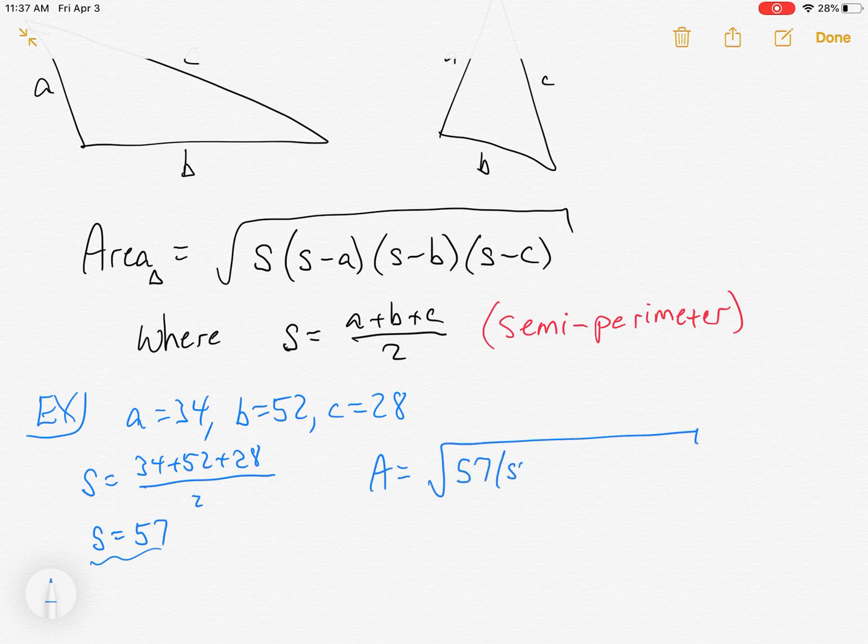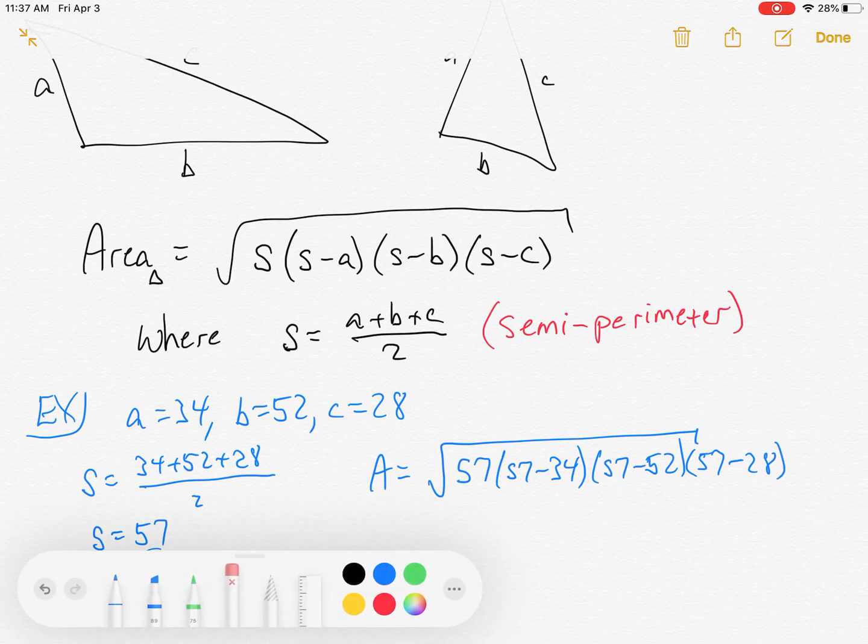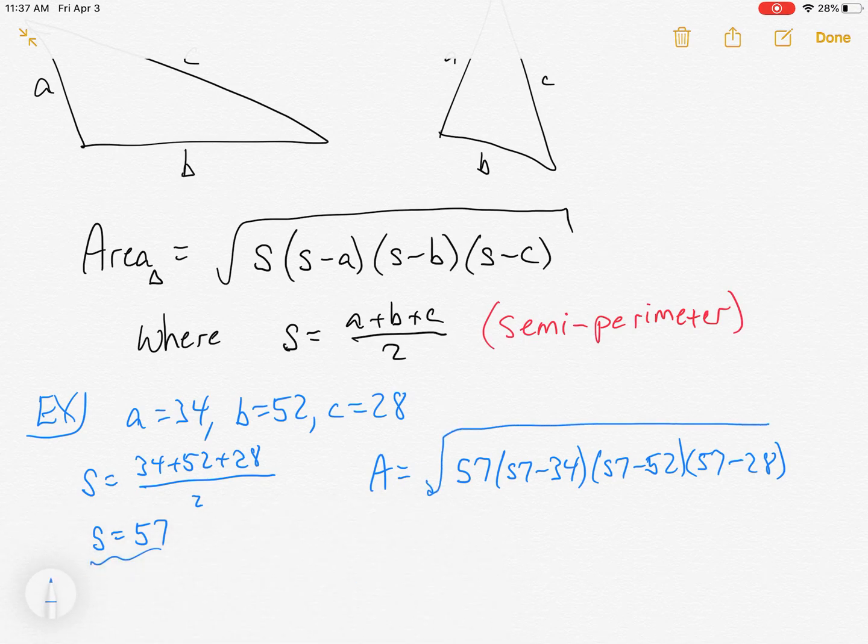is the square root of 57 times 57 minus 34 times 57 minus 52. And look at this, I made my square root too small this time. Times 57 minus 28. Okay. Put that in your calculator.